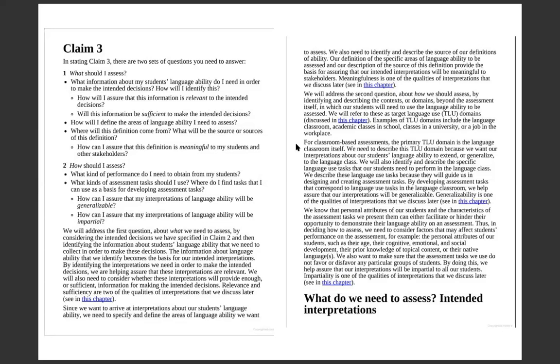For example, no sé, escribir un párrafo descriptivo, I'm just thinking. And so you need to be very consistent about this, because you're going to make a decision, right? And if you look at this, two subsequent questions, you have, how will I assure that this information is relevant to the intended decision?